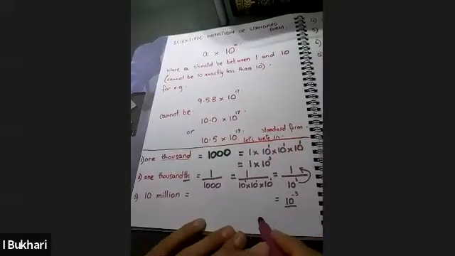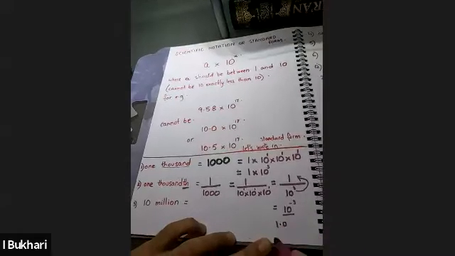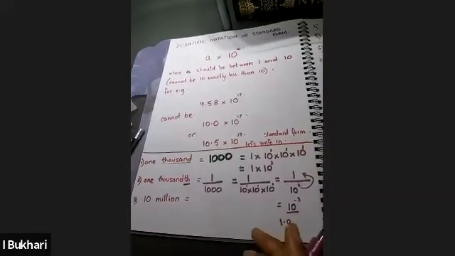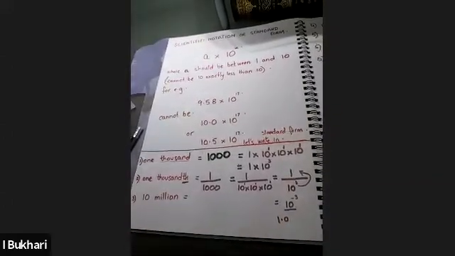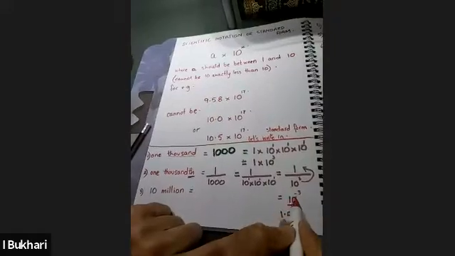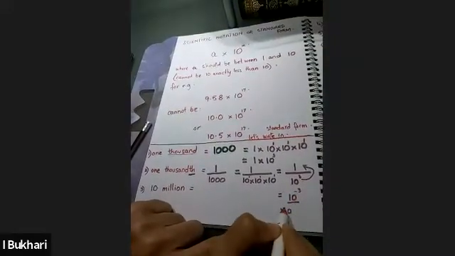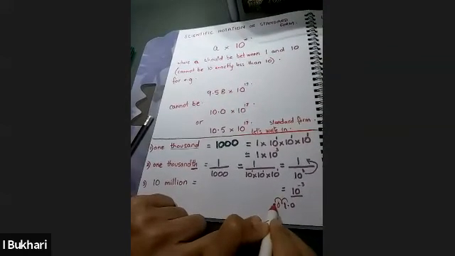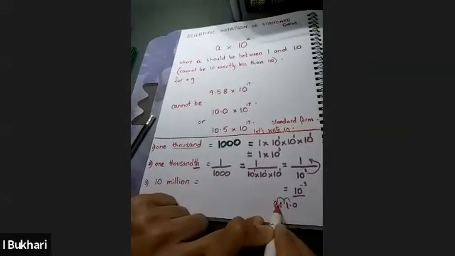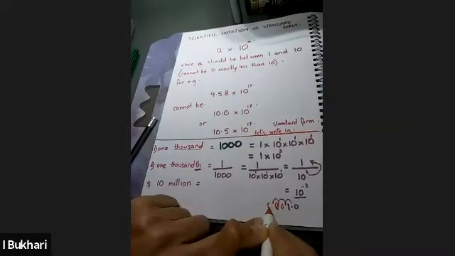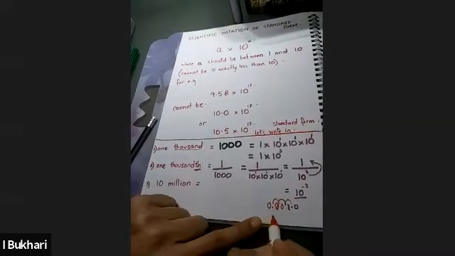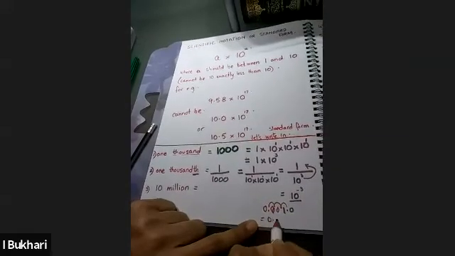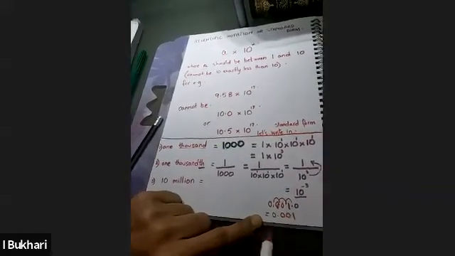Now convert this into decimal. 0.001. So this will make 3 jumps, because minus 3, and backward because minus. So 1 jump, then second jump, and then third jump. So this is equal to 0.001.